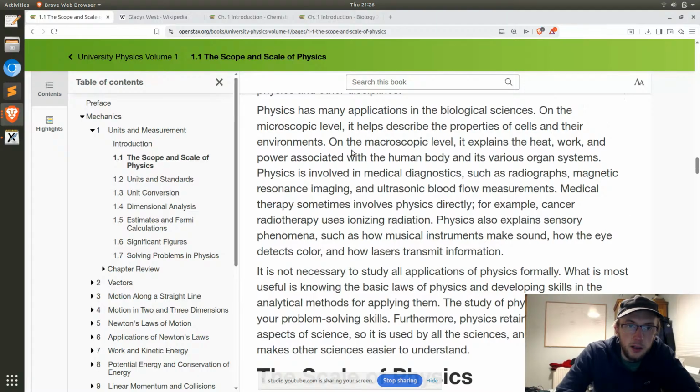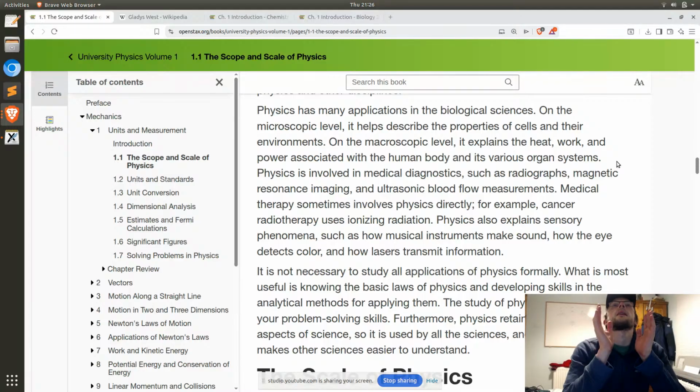Okay, in closing here, we're going to connect it with biology. And that's the closing section there. Physics has many applications in the biological sciences. On the microscopic level, it helps describe the properties of cells and their environments. On the macroscopic level, it explains the heat, work, and power associated with the human body and its various organ systems.